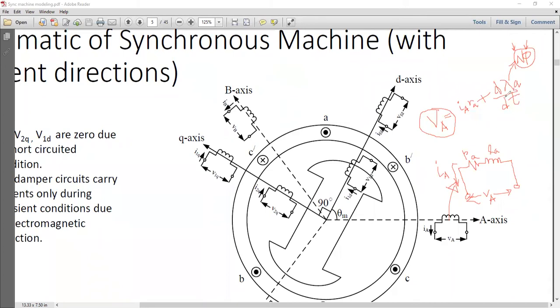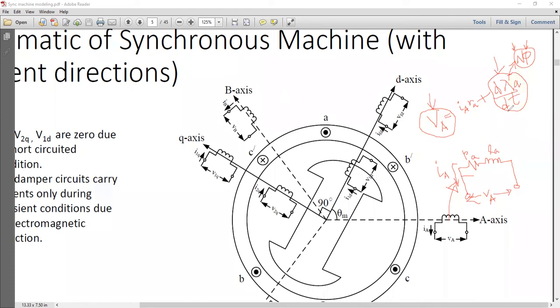Now, what is the problem here? Let us see. Is VA the output from the coil or input into the coil? VA is the output of the coil. But from here it seems otherwise. This d lambda A over dt is the induced voltage, whereas VA is the terminal voltage actually available here. Whatever voltage is induced is due to this flux linkage.